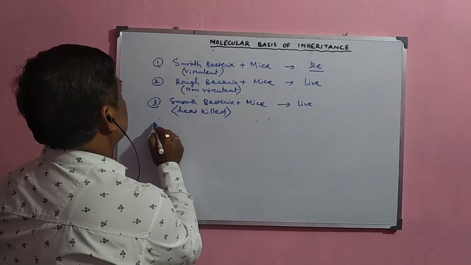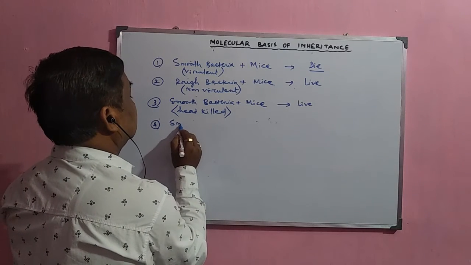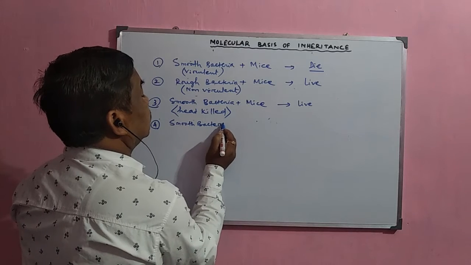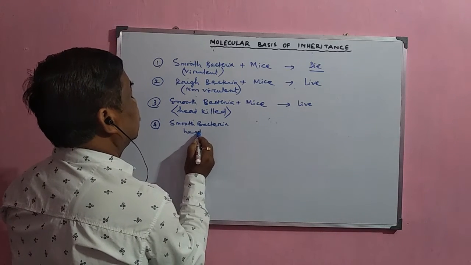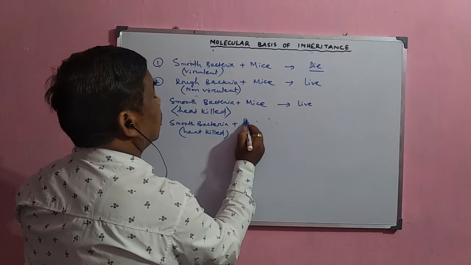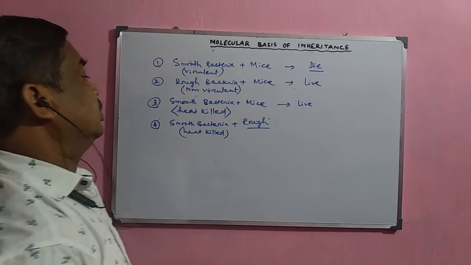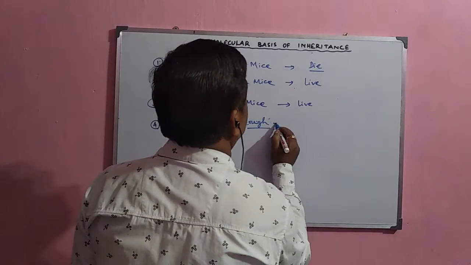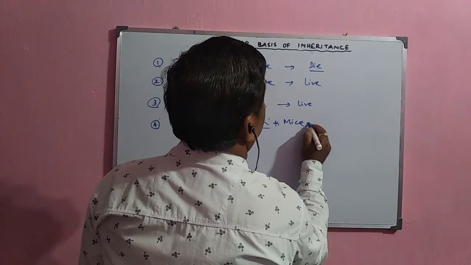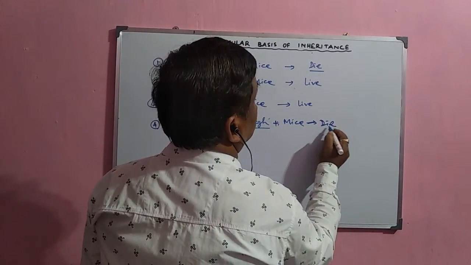Now, next, when he injected the heat-killed smooth bacteria along with the raw bacteria, which are the non-virulent type, into the mice, then surprisingly he found that the mice die.